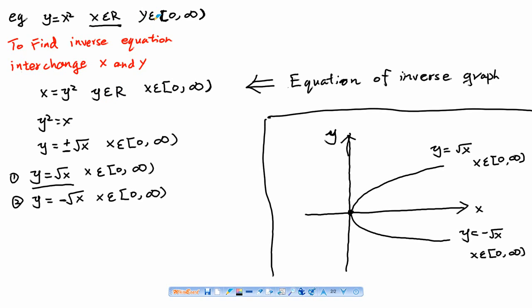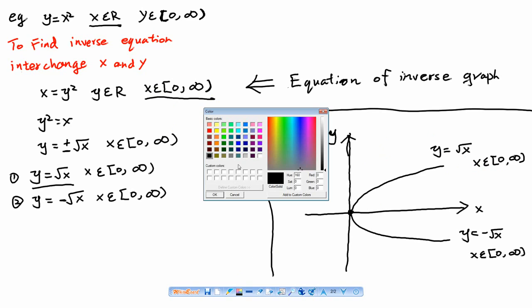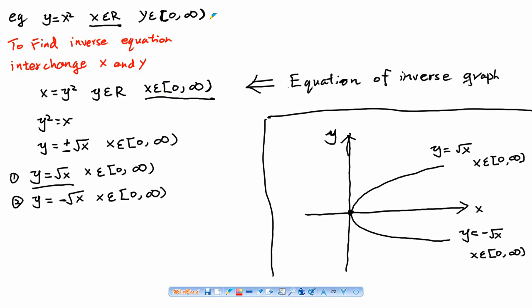However, the range of the original graph is the domain of the inverse graph. And remember our rules on sketching graphs, we always have to label the domain when we sketch a graph. So it's very important to know that.